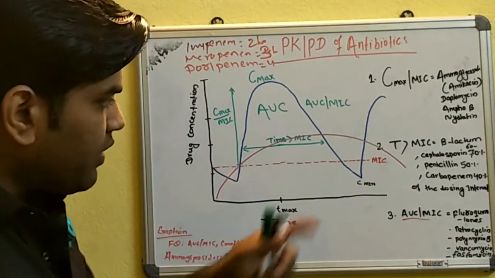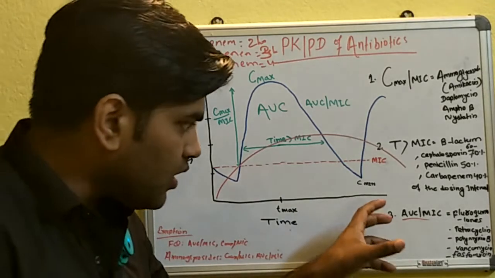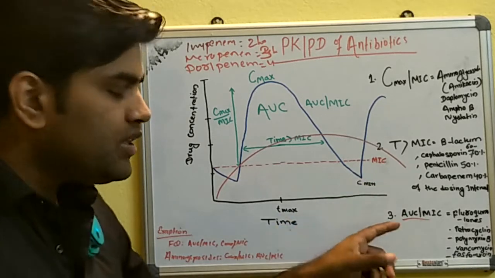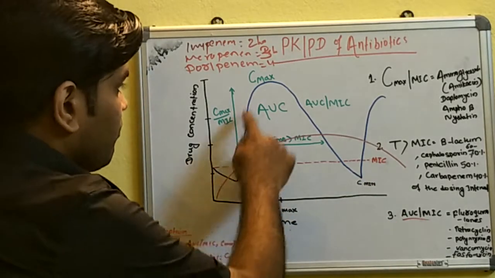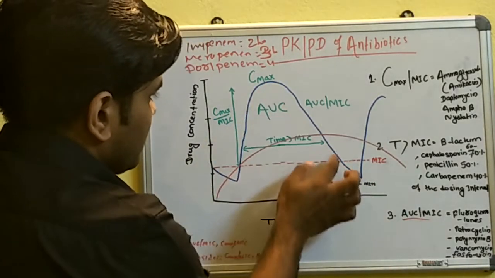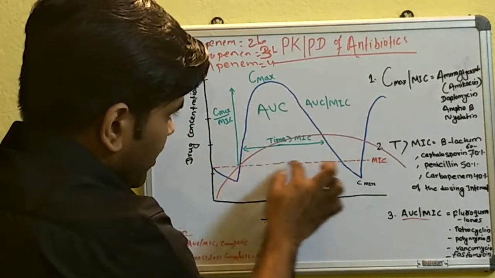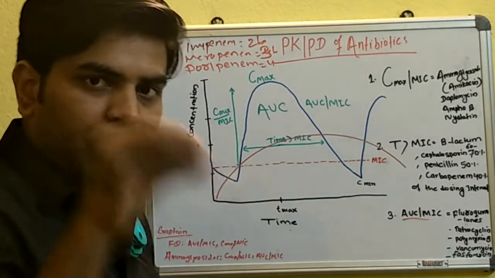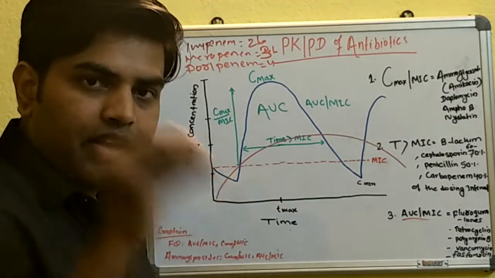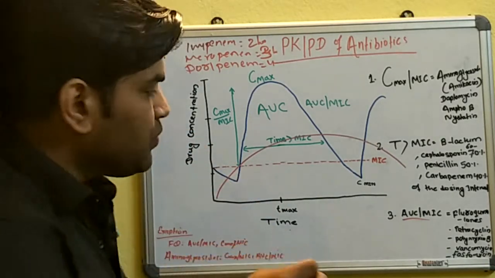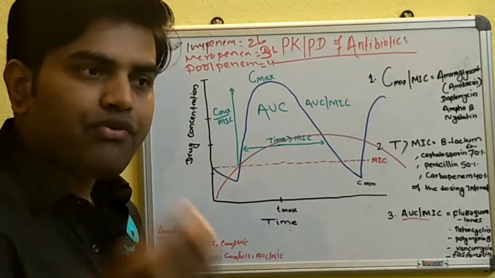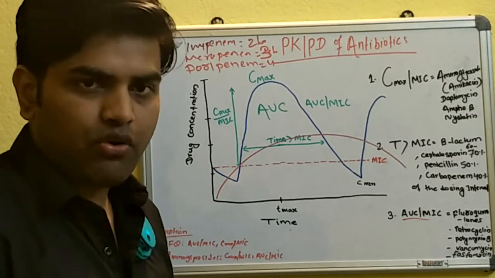There are a few exceptions as well, but let me first clarify this concept. What does this group of antibiotics need? It needs the area under the curve in 24 hours, the antibiotic exposure to that particular microorganism, divided by the MIC, to reach the value that is required for better clinical and microbiological outcome.